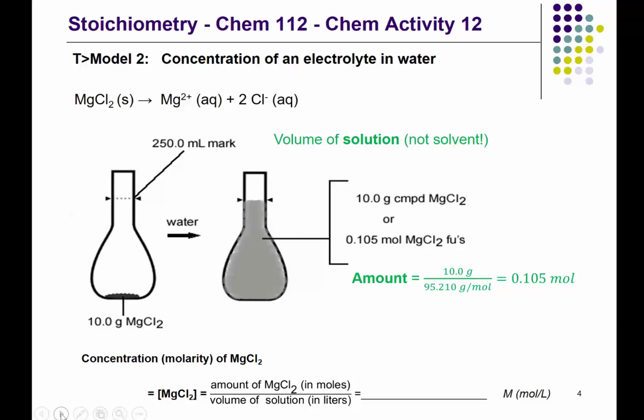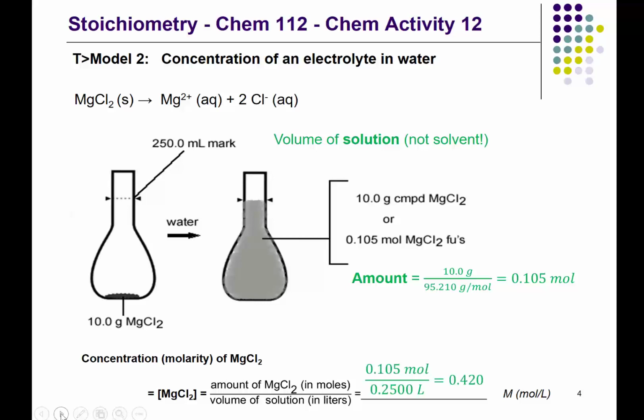So now to determine the concentration, which we sometimes refer to as the molarity, and note we can abbreviate all of that by putting square brackets around the magnesium chloride. So this means the same thing. That is, the square brackets means the same thing as the concentration of magnesium chloride. And we calculate that using the amount of magnesium chloride in the units of moles divided by, and be careful here, the volume of the solution, not the solvent, but the volume of the solution, and in the units of liters.